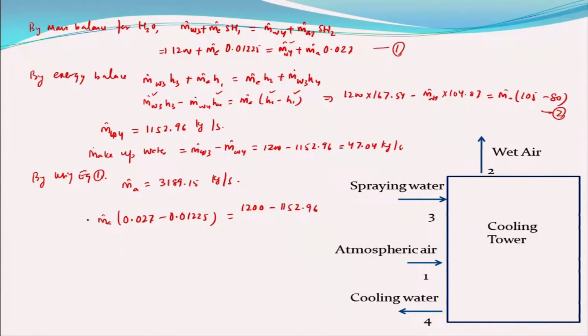Therefore, we can get very easily 3189 kg per second. So, by this way, you can solve how much air is entering this cooling tower and what the makeup water is that one has to provide.